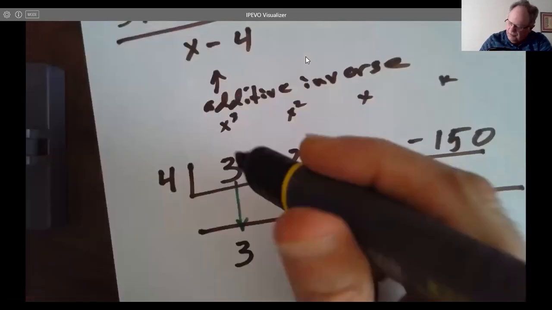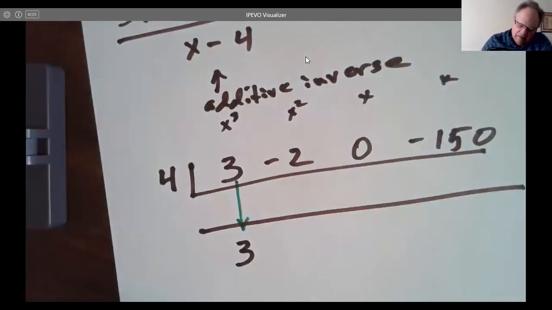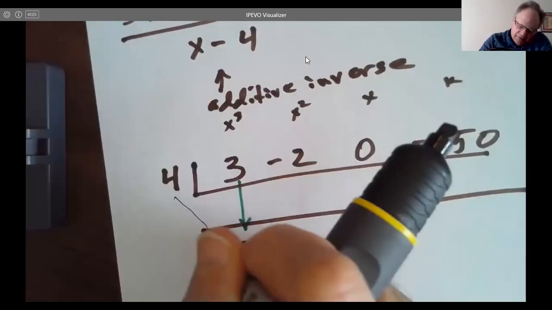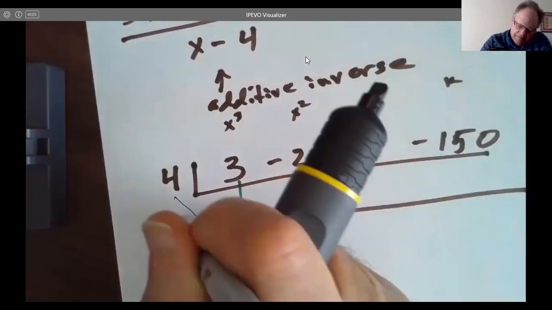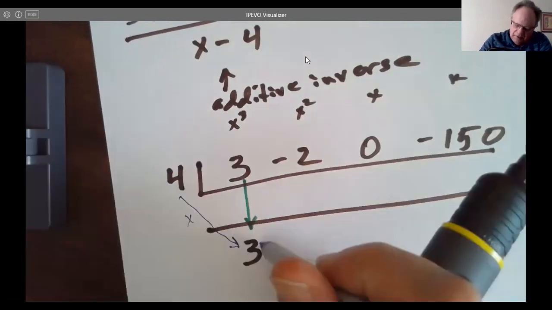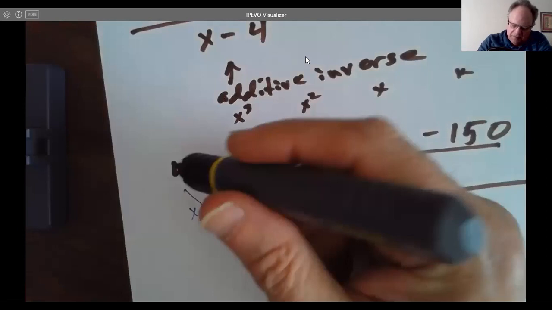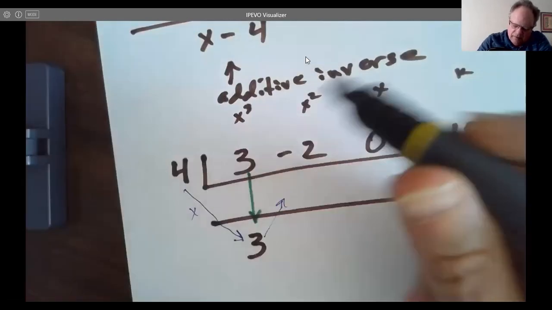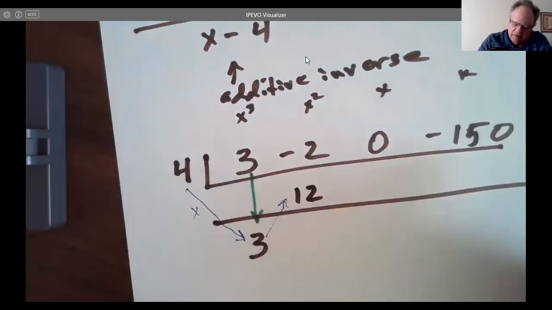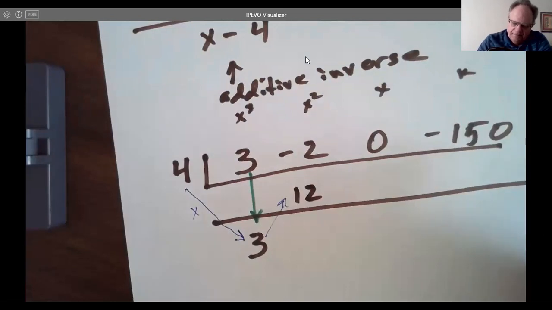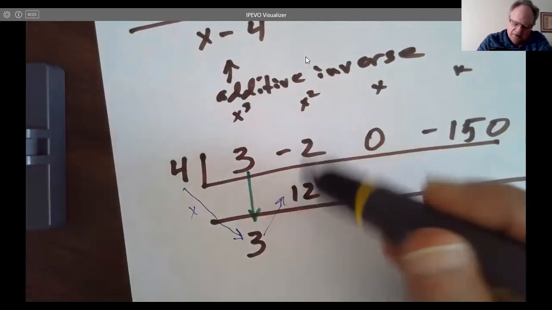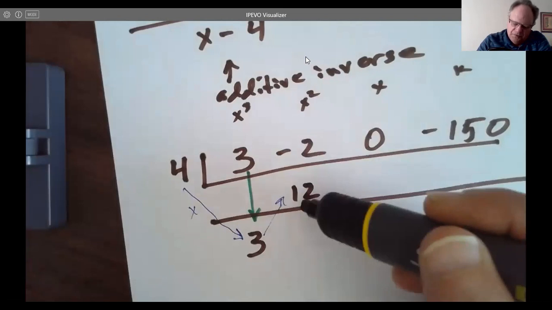And now you're going to multiply your divisor times whatever you have in the third row, and whatever you get there, you put that on the second row. So 4 times 3 is 12. That's what goes in the second row. Now, if the signs are opposite, you subtract.